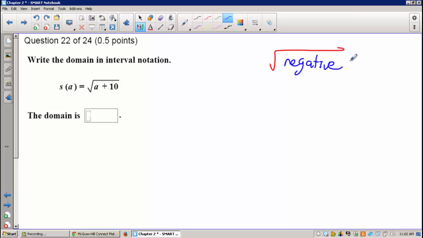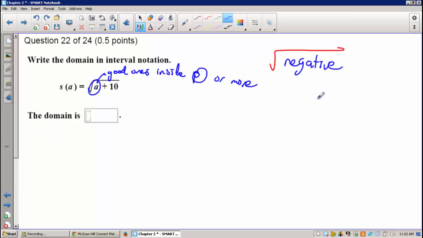Okay? So the good domain values, the good passenger list, consisted of the ones that make the inside positive, or 0 or more, not just positive, 0 or more, right?